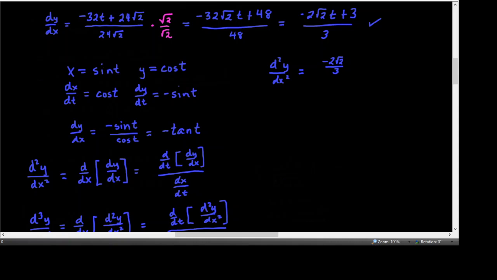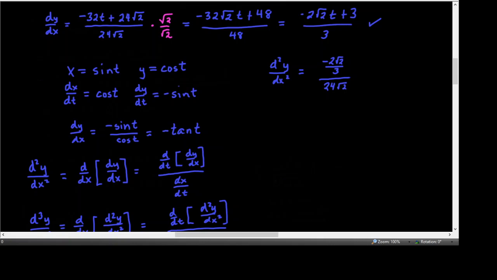So the derivative of the constant times t is the constant, plus 1, and the derivative of 1 is 0. So I didn't write that. So this is the derivative of our first derivative answer that we see above, and then we're going to divide that by dx dt, which, if you'll recall, was 24 square roots of 2.